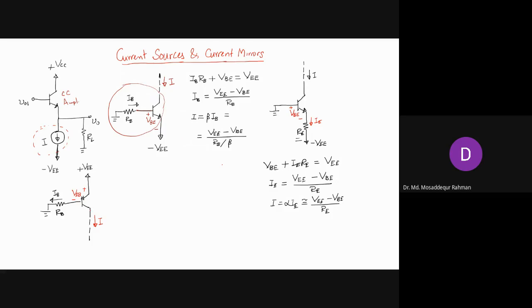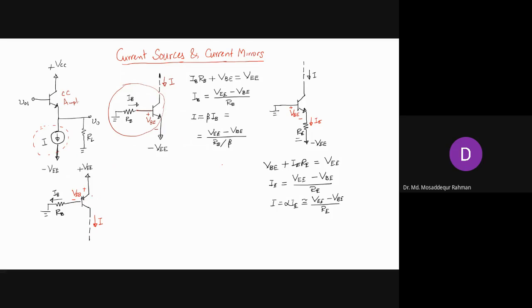And in case of PNP transistor, it will be placed above the amplifier circuit. So the amplifier circuit will be below this, right? And this current source circuit will push the current into the amplifier. This is pulling through the amplifier, and this PNP will push into the amplifier. So this is the basic difference.